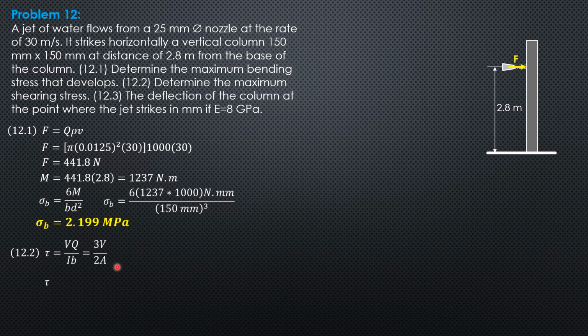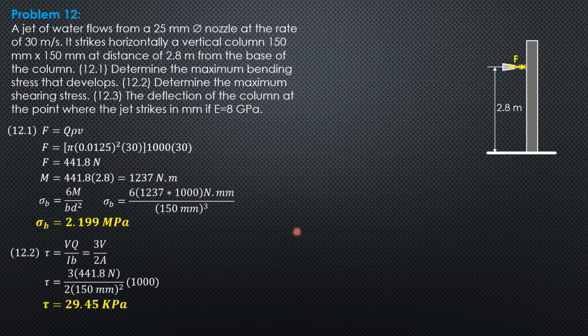Area is 150 mm by 150 mm. So 3 times 441.8 newtons over 2 times 150 mm squared times 1000, because this is megapascals. We want to convert it to kilopascals. Shear stress is only in kilopascals. So it is equal to 29.45 kilopascals.